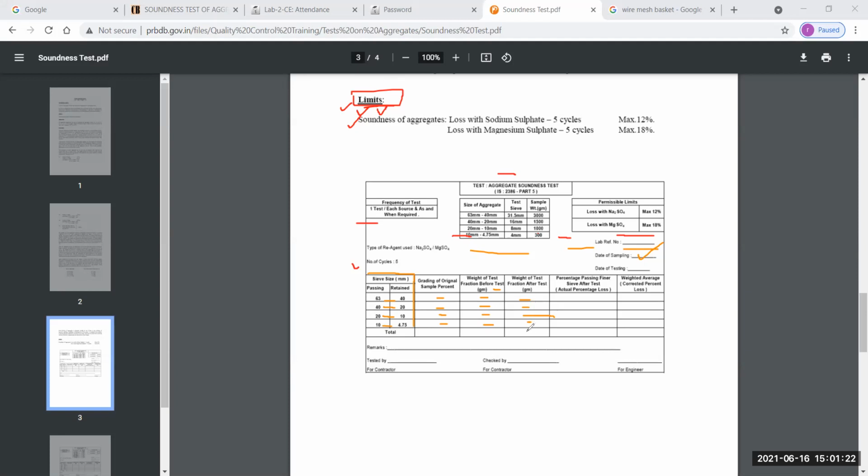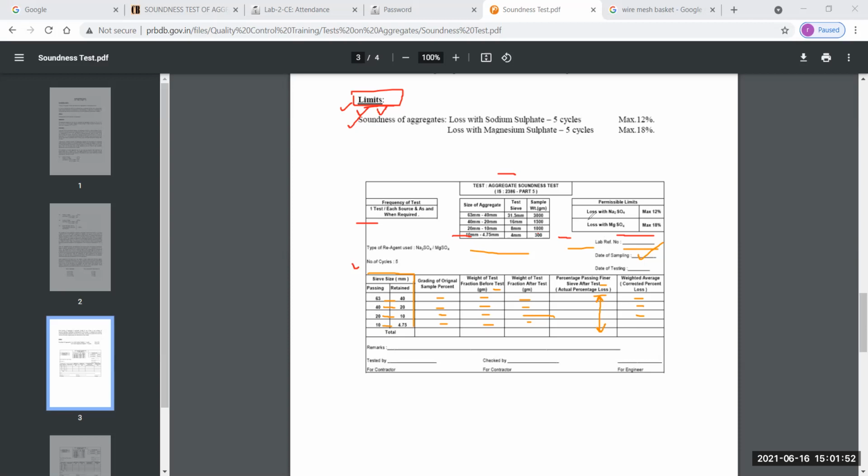We write all the weights, percentage passing finer sieve, actual percentage loss, and corrected percentage loss, because during the durability checking several errors will come. So we take a larger number of samples to minimize our error.